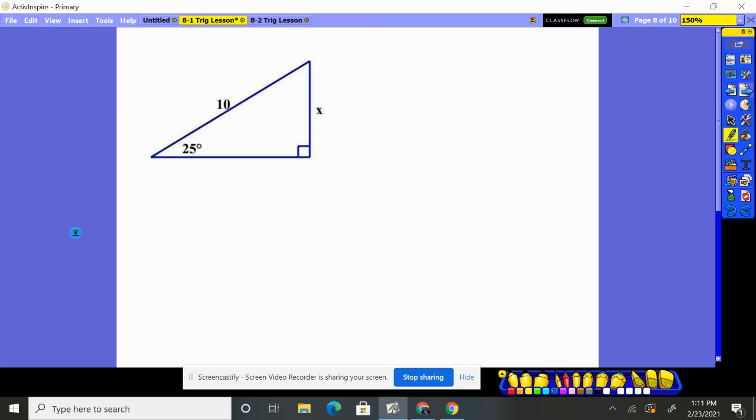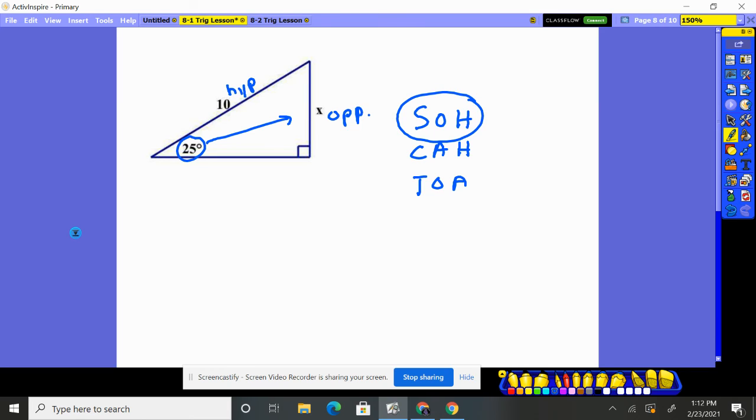Another example, we look at this. Here's my angle. I have opposite and hypotenuse, because the 10 is across from the right angle. So I say to myself, some old hippie caught another hippie tripping on acid, which has O and H in it. O and H, that's this one.